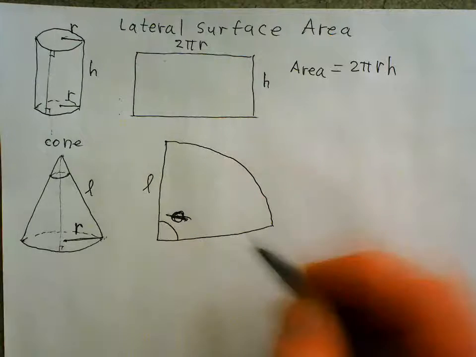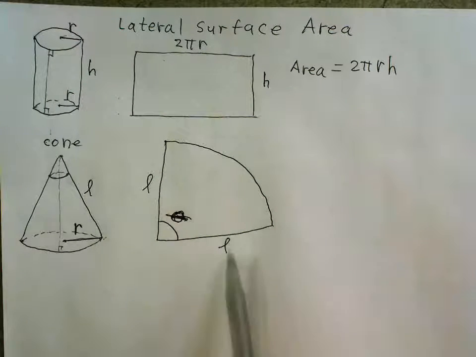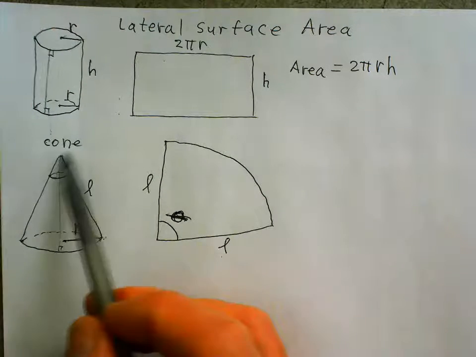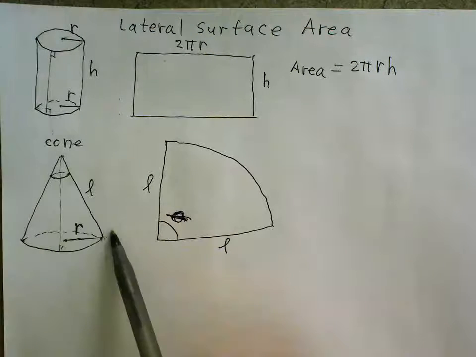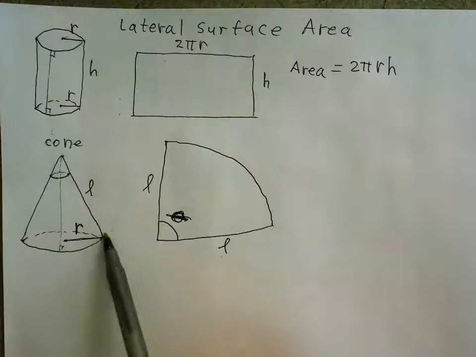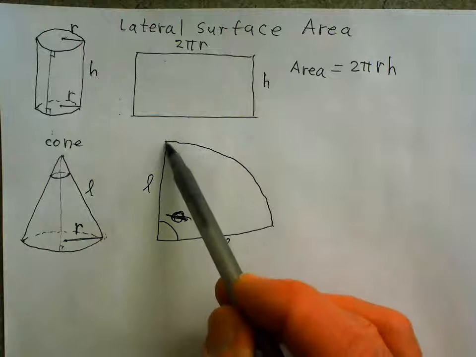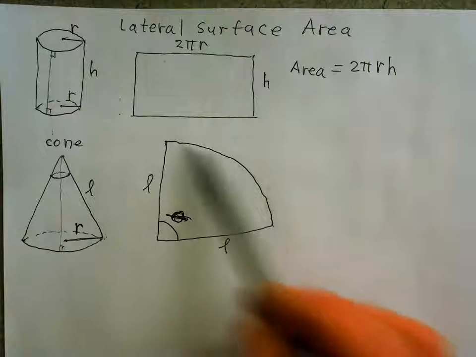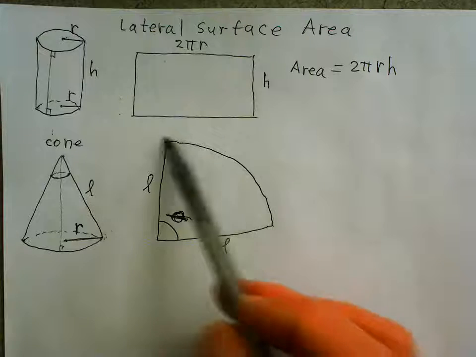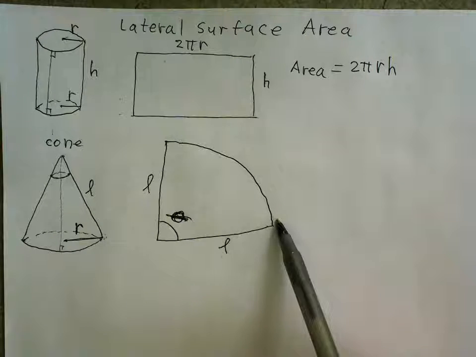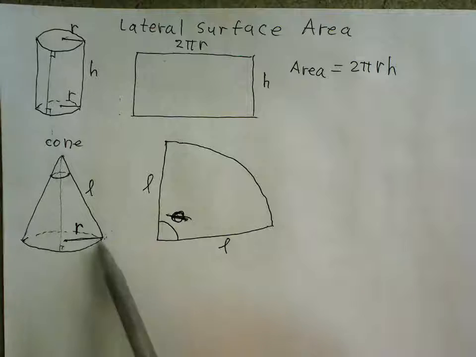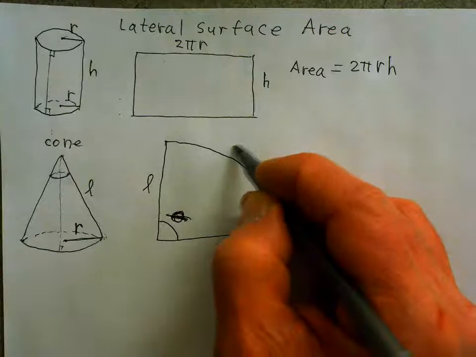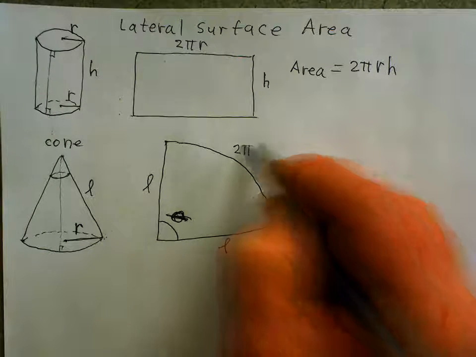And these two straight sides are length L, the same as the length of this side of the cone. And this arc is the same length as the circumference of the bottom circle. So this arc length is 2 times pi times r.